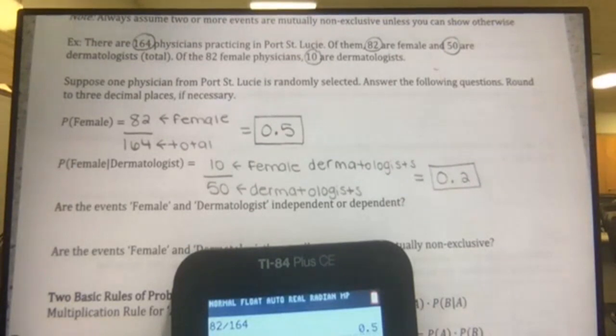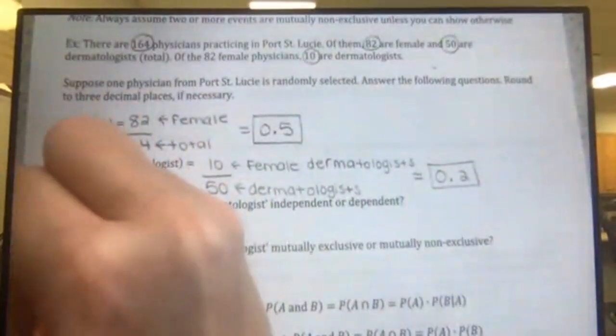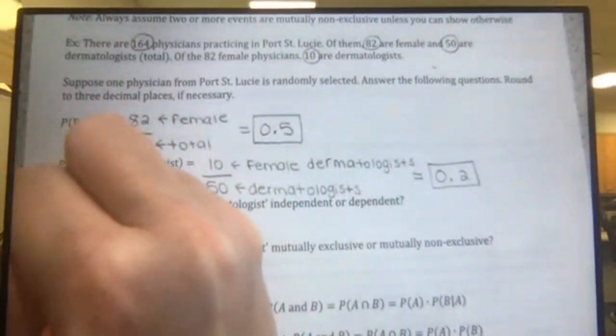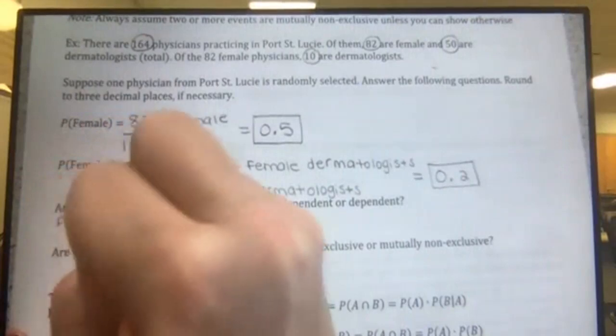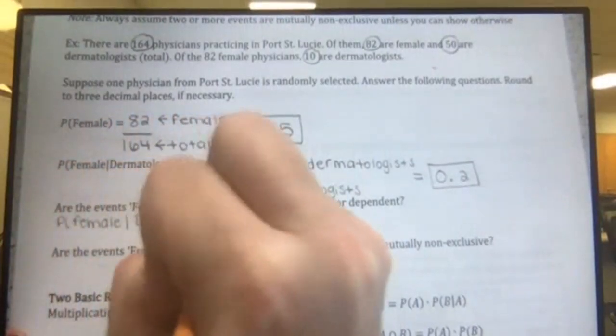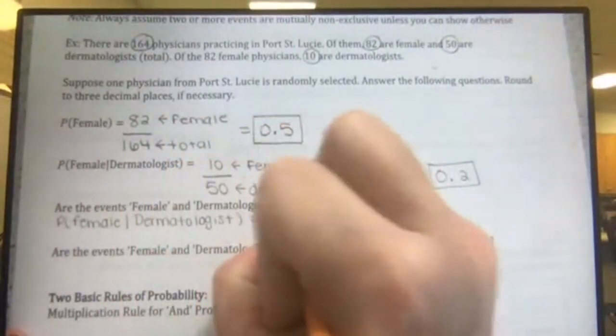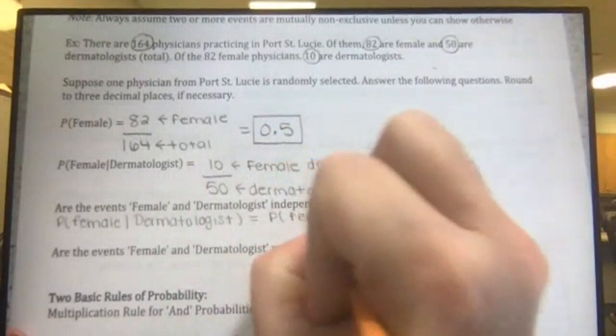Are the events female and dermatologist independent or dependent? Remember we had that formula. The probability of female given dermatologist has to equal the probability of just female in order to be independent.